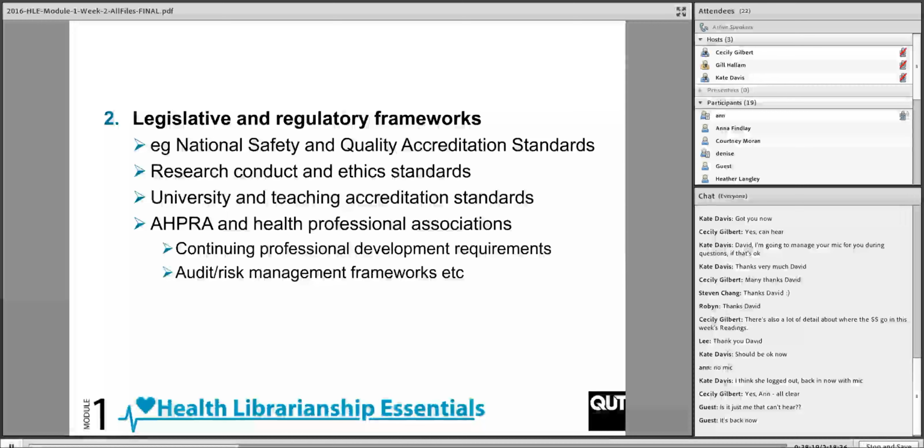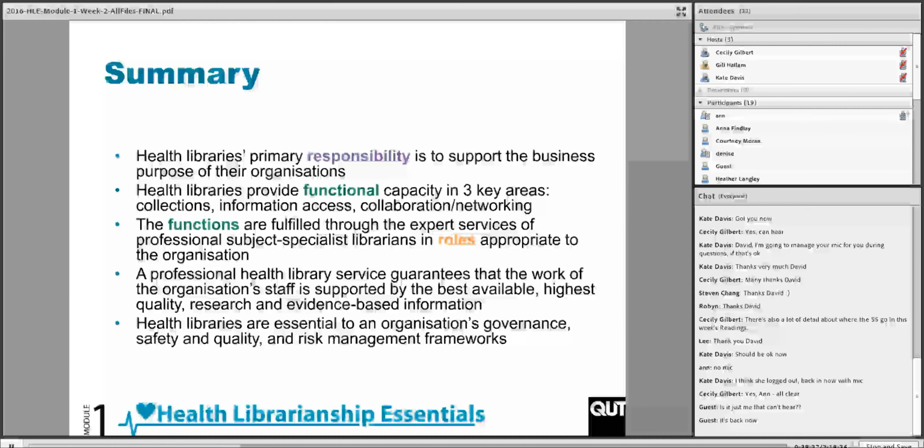my messages are, in a nutshell: health libraries' primary responsibility is to support the business purpose of their organisations. Health libraries provide functional capacity in three key areas, and these are around collections, information access, and collaboration and networking. The functions are fulfilled through the expert services of professional subject-based librarians in roles appropriate to the organisation.